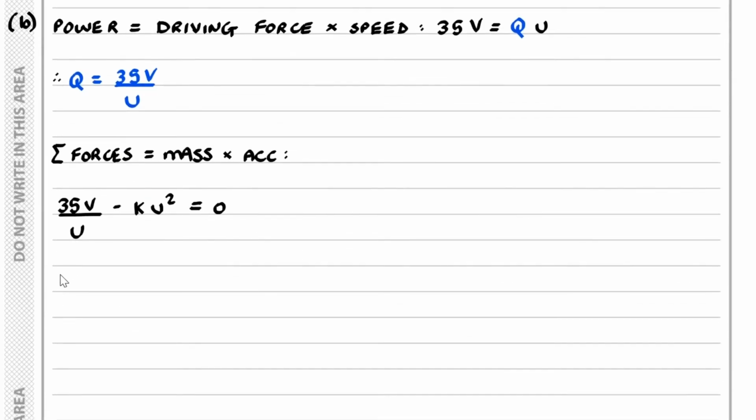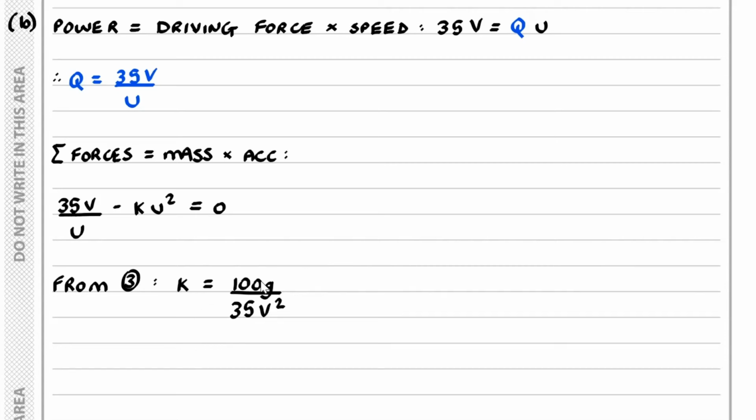So from equation 3, we can rearrange to say that K is equal to 100G over 35V squared.